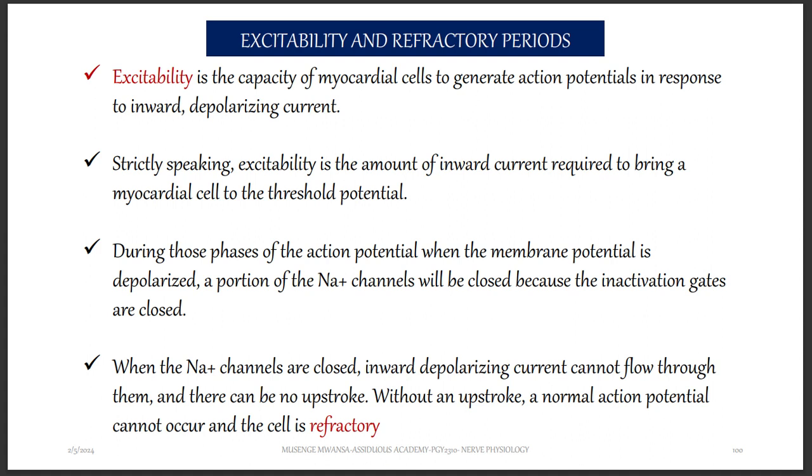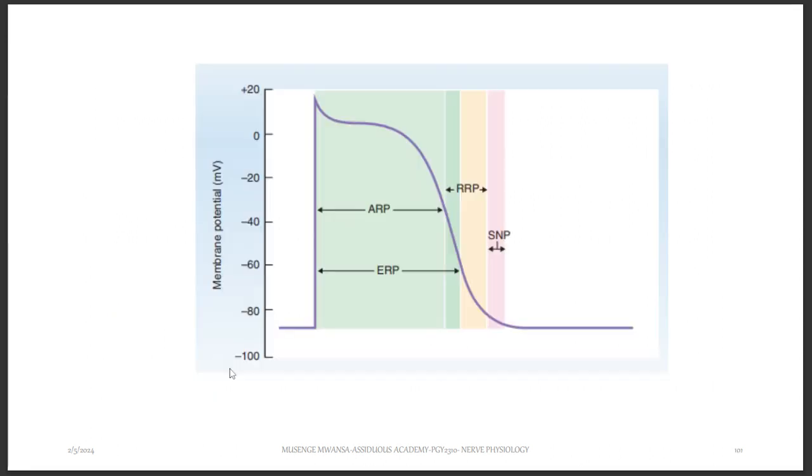Okay, and so there's going to be no upstroke. There's not going to be any action potential again, because sodium channels have been closed. They can't allow sodium to pass through them. And that period where a depolarization cannot happen is known as a refractory period, because the sodium channels have been closed.